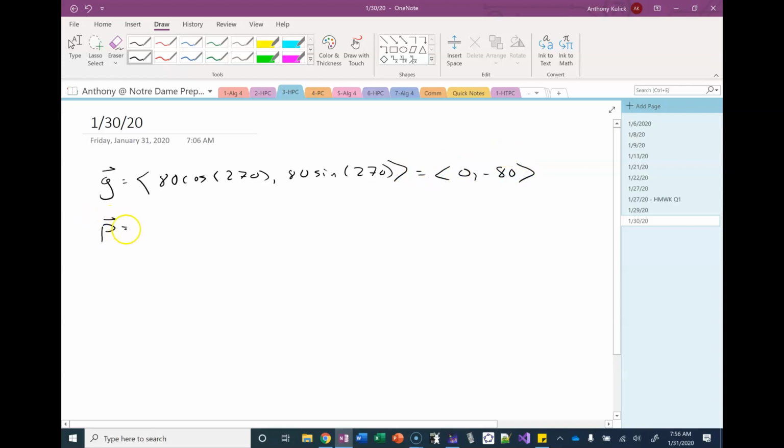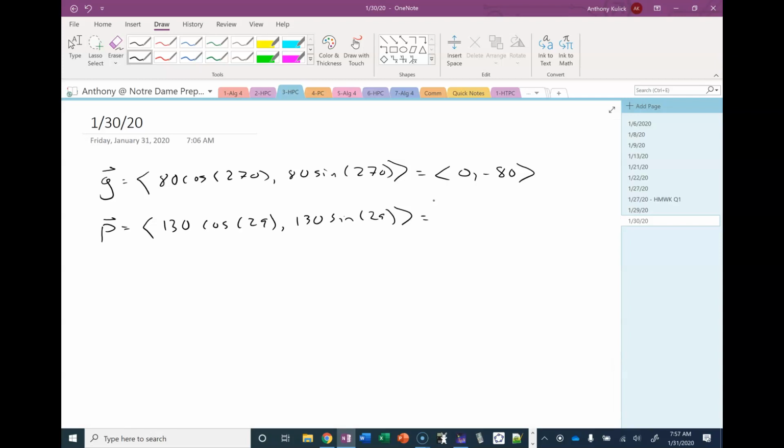I have a pull vector, which is 130 cosine 29, 130 sine 29. And when we type that into our calculator, we get 113.70 and then 63.03.